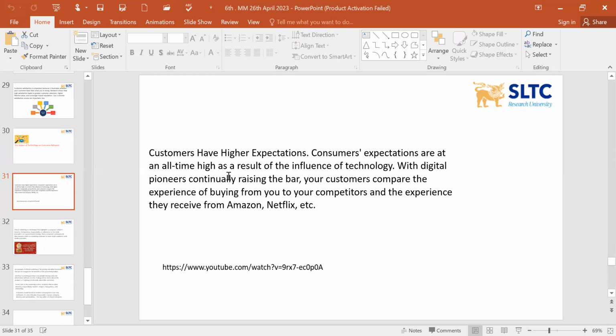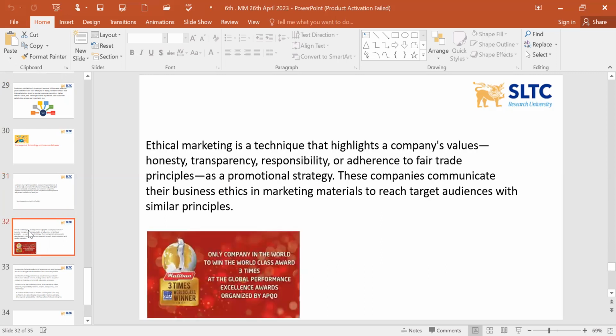With digital pioneers continually raising the bar, your customers compare the experience of buying from you to the experience they receive from Amazon, Netflix, Daraz, Kapruka, or others. So the consumer thinks, why should I take it from you when he has the same thing and he's coming online and talking to me. So we need to have value created even online to satisfy the consumer, right?